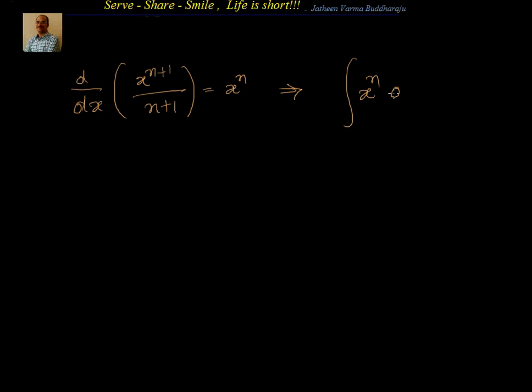Let us say the first formula will be d by dx of x to the power of n plus 1 by n plus 1 is equal to x to the power of n. That gives me the integral of x to the power of n dx is equal to x to the power of n plus 1 by n plus 1 plus constant.